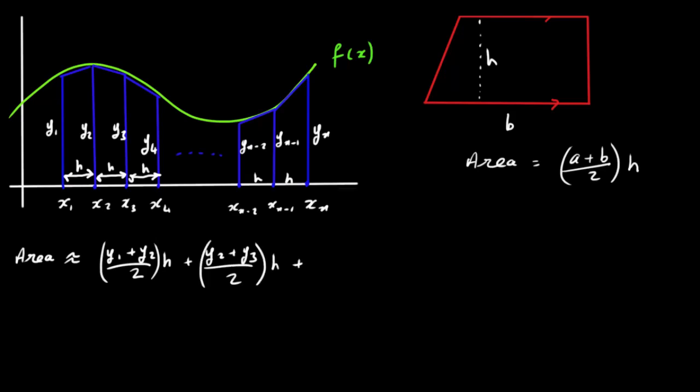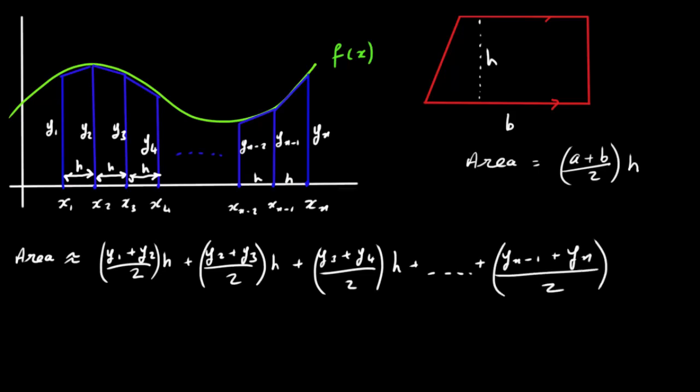The third one is going to be (y3 plus y4) divided by 2, and again multiplied by h. And then I'm not going to do any more there. I'm just going to do the one at the very end, which is (yn minus 1 plus yn) divided by 2, which we also multiply by h.